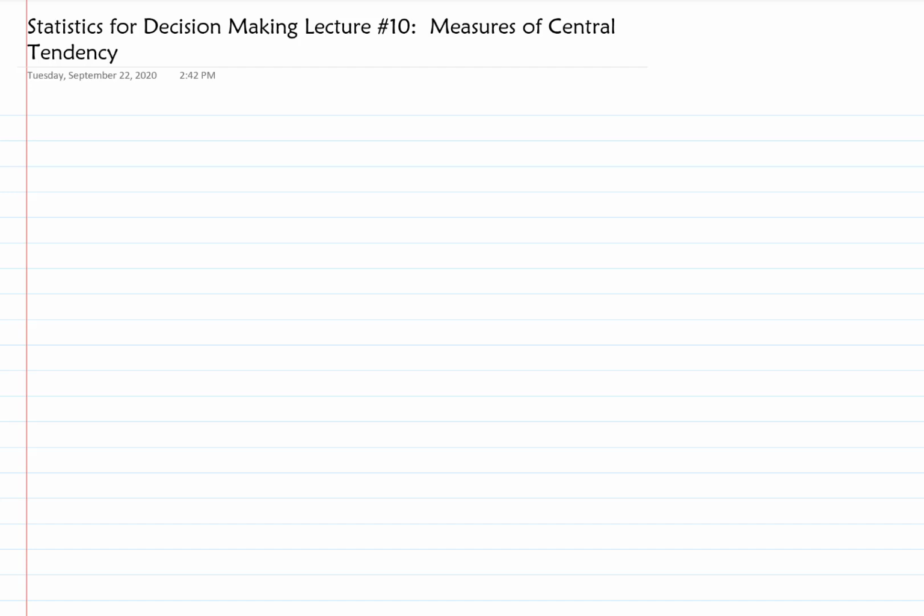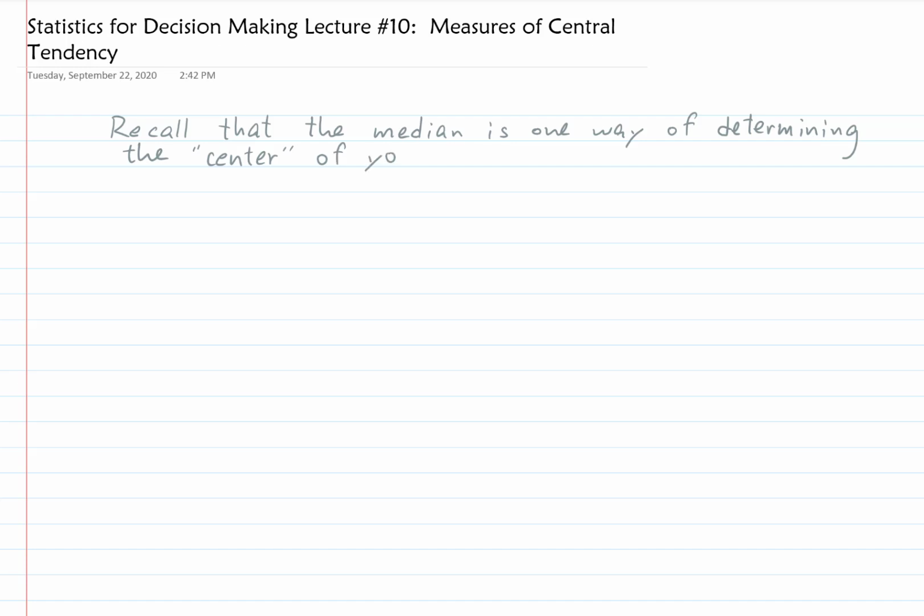Okay, and just write this here. Recall that the median is one way of determining, now I'm going to put the word center in quotation marks, the center of your data set.